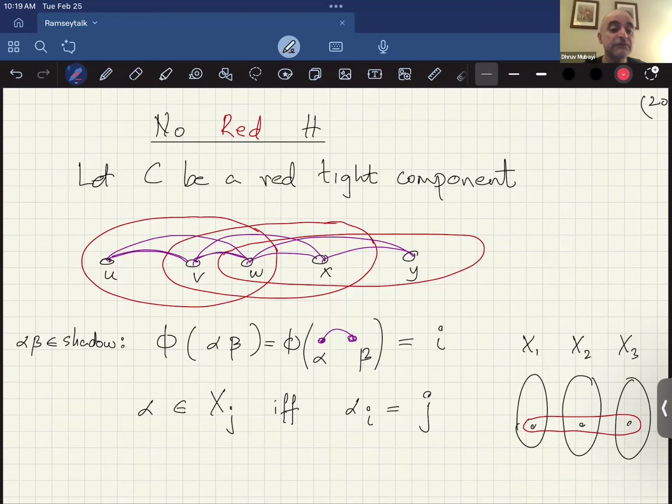So every edge that I have is going to have 1 point in X1, 1 point in X2, 1 point in X3, because this phi propagates. Because I'm in a tight component, I can move from one edge to another through pairs. And if I move through pairs, this coordinate stays the same. And so I get the consistent partition. So that means if you have a red copy, then it must be 3-partite.